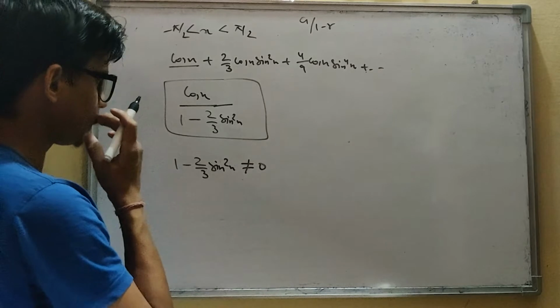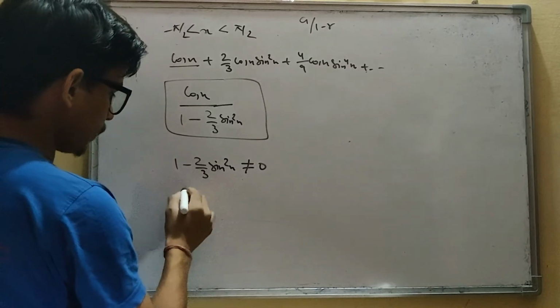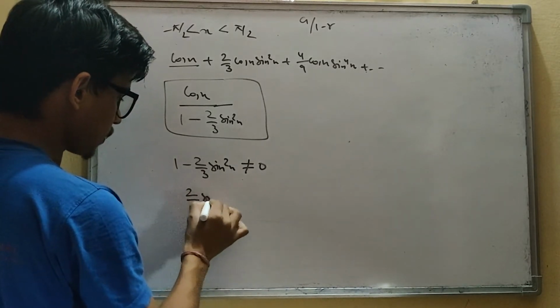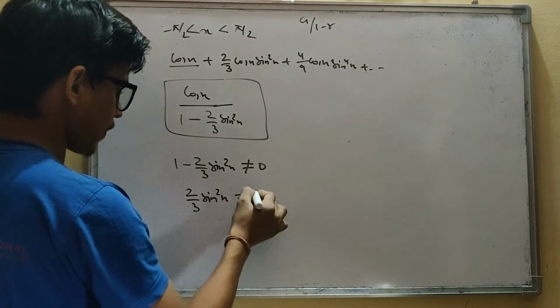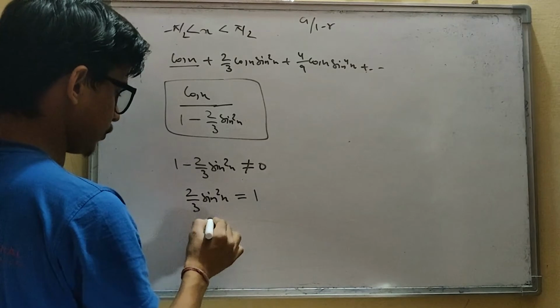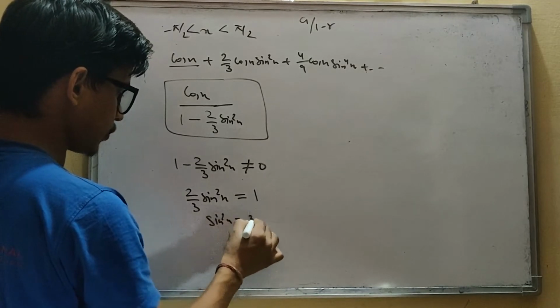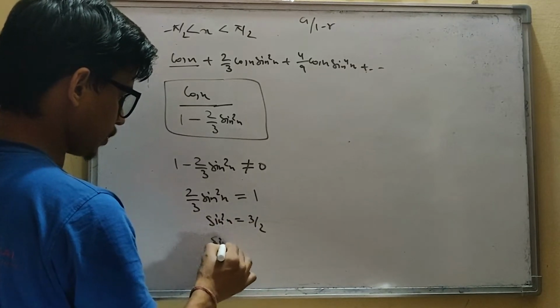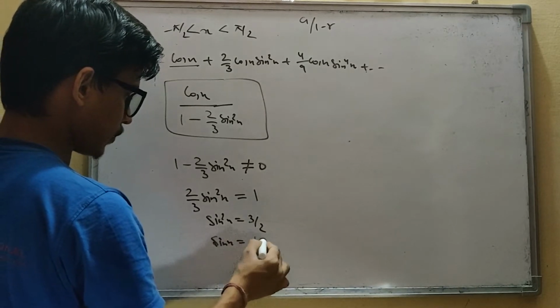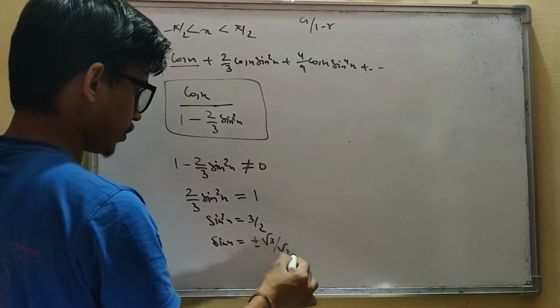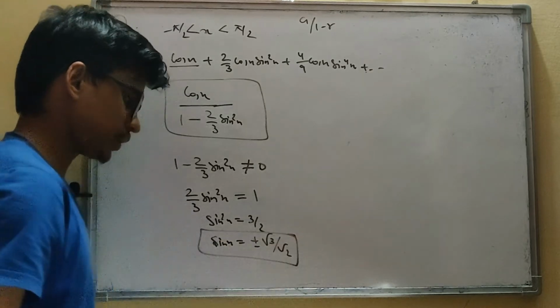So what we can do, we can simply say 2 upon 3 sine square x is equal to 1. So sine square x is equal to 3 upon 2. So sine x is equal to plus minus root 3 by root 2, like this.